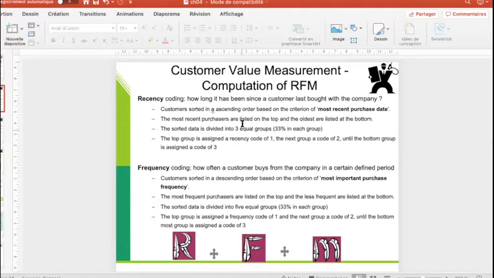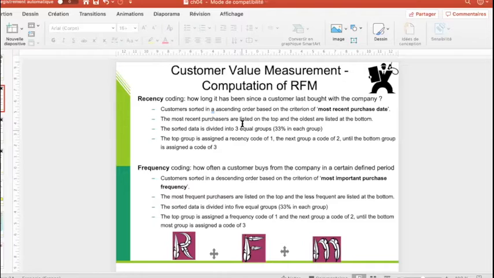Have the customers who bought recently in the upper part of the database, and those who did not buy recently, the oldest ones, listed in the lower part of the database. And then you will sort the data.